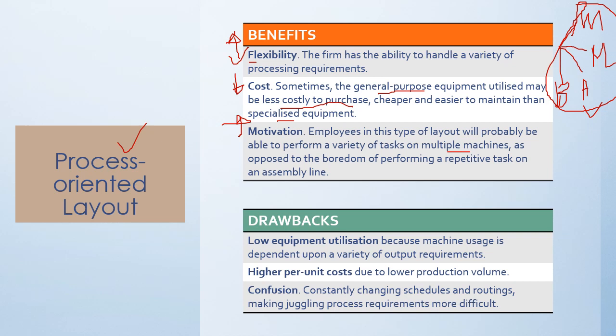However, the drawbacks ataupun the disadvantages of process layout is low equipment utilization. Low equipment utilization ni maksudnya mesin tu tidak digunakan sepenuhnya. So printing machine. So one printing machine has all these printing functions to print magazine, newsletter, assignments, and banners, but not all customers come to print all these outputs.